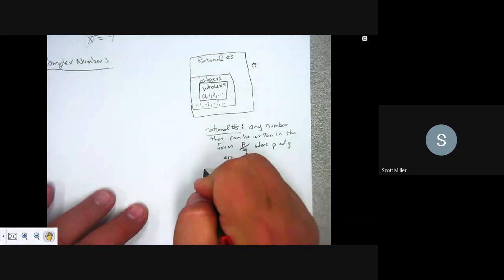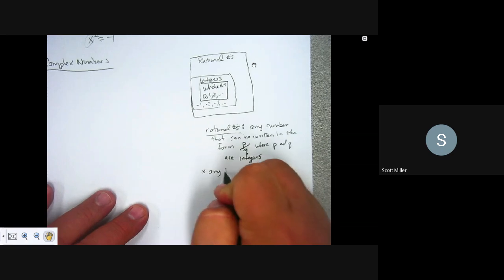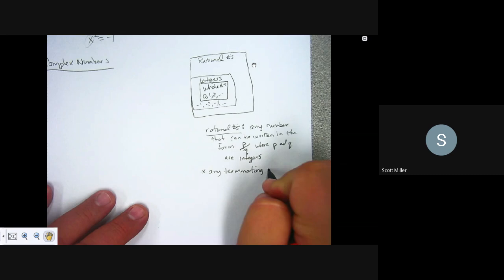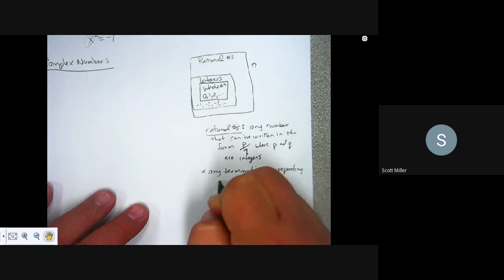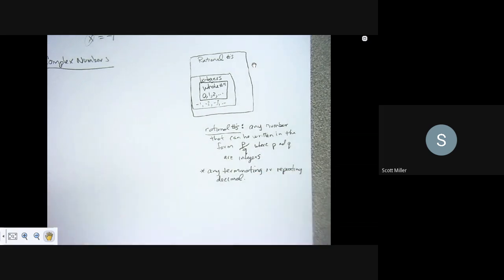Another one that can be harder to see sometimes is this one. The alternate definition is any terminating or repeating decimal. So if I have a number and I write it in decimal form, if that decimal stops at any time, it's called a rational number.